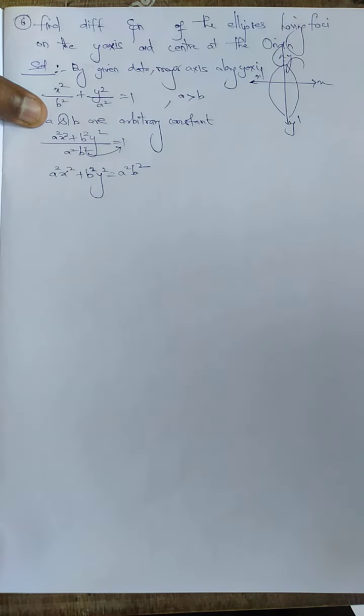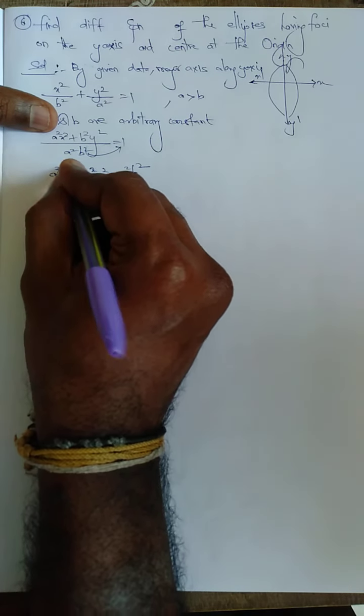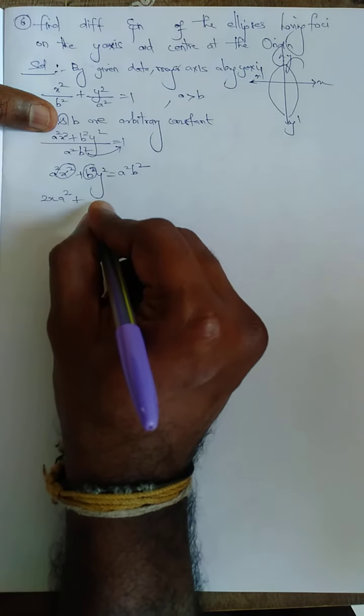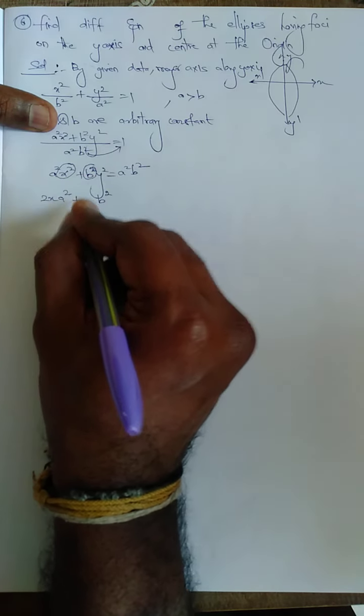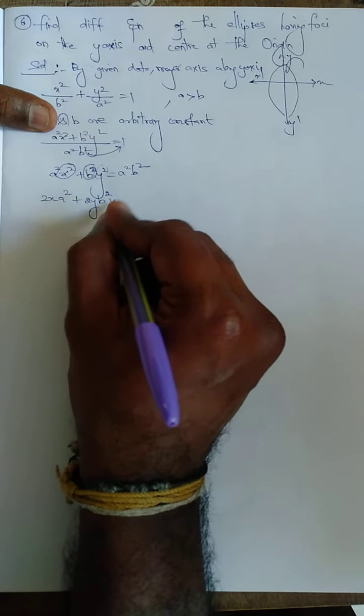Now differentiate. A square is constant, the derivative of x square is 2x, so write a square as it is. B square is constant, y square differentiates to 2y y dash.